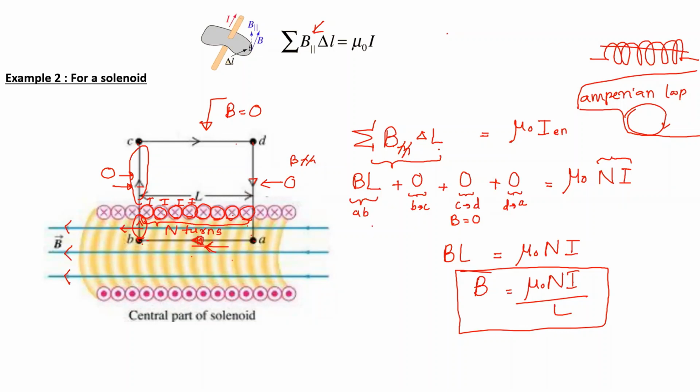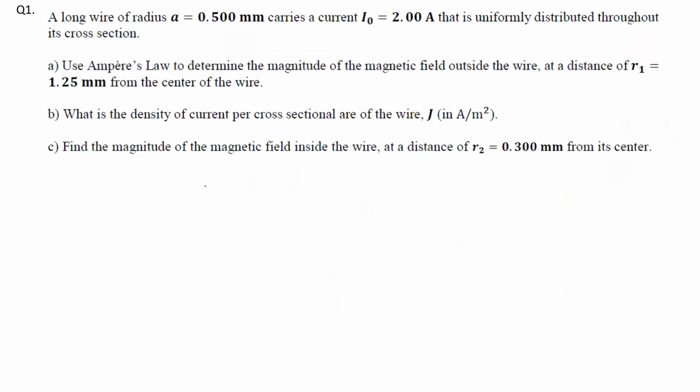Okay, now that you know how to do this, let's go to our first problem. This is an actual exam problem from a few years back. And I want you to start with part A. So were you able to derive part A?